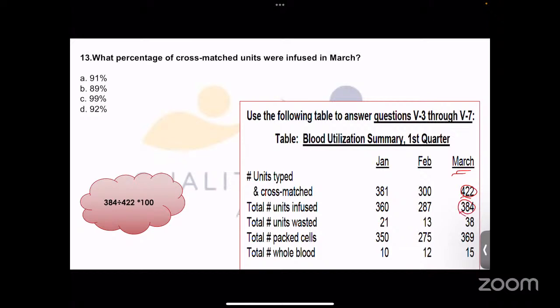And wasted units, we have 38. So we divide the infused units by total cross-match units. So we have 384 divided by 422 times 100%. It gives us 91%. Letter A is the correct answer.